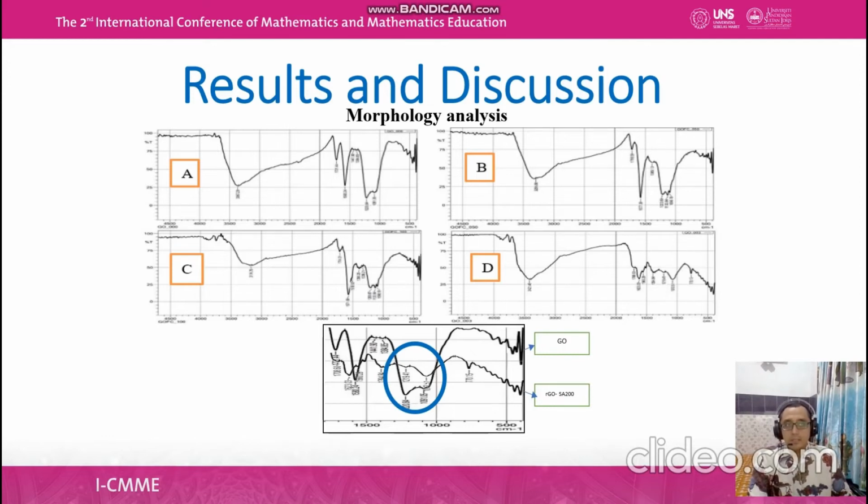Moreover, the peaks at 1780.60 and 1702.51 were suppressed after reduction, indicating the removal of most of the hydroxyl, epoxyl, and alkoxy oxygen species from graphene oxide, so that the reduction efficiency value obtained is 83.3%.